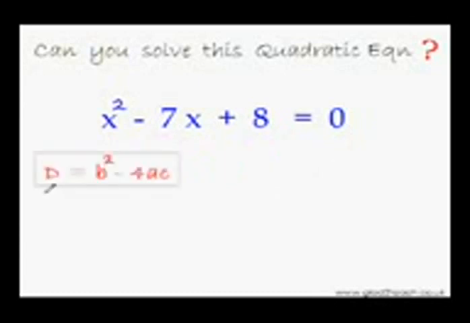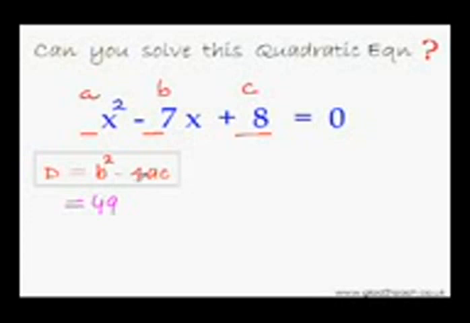So I'm sure that you remember that D is equal to B square minus 4AC. I'll put it down. And as you already know that this is your A, this is B, and this is C. So B square is negative 7 square, that is positive 49.